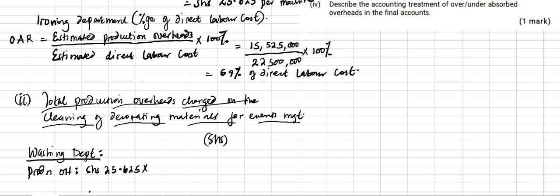So I have my overhead absorption rate, and to do this job in the washing department, we are going to use 1040 hours. 25.625 times 1040 hours gives you 26,650,000.